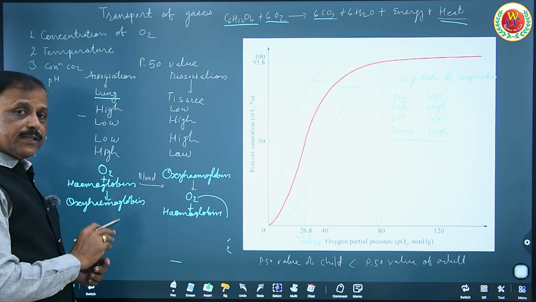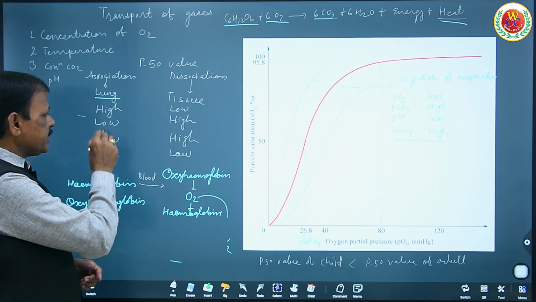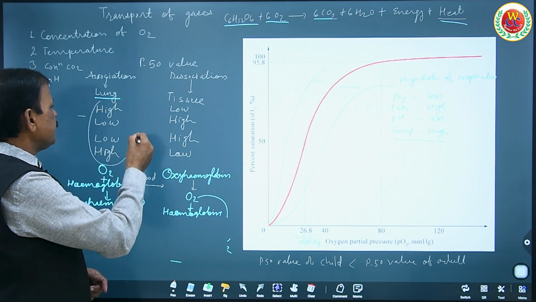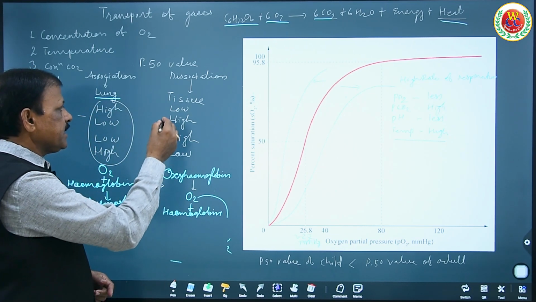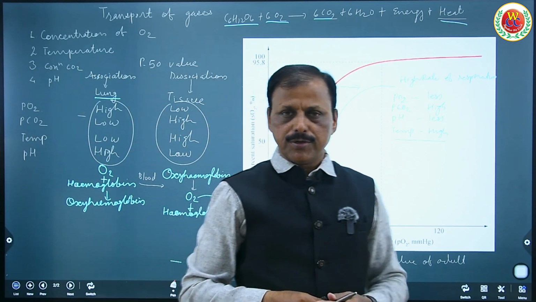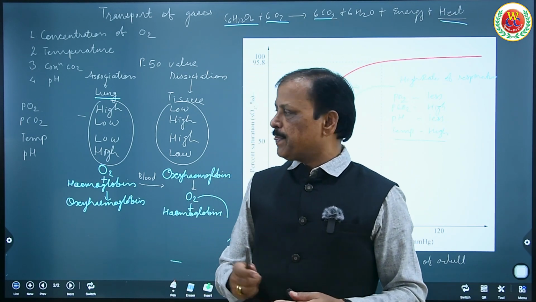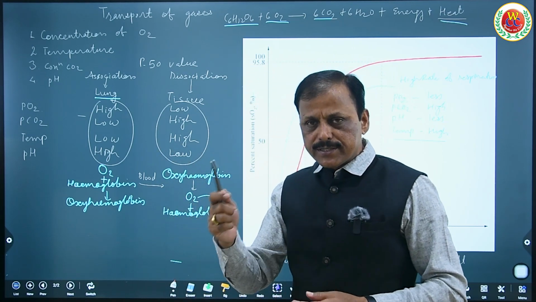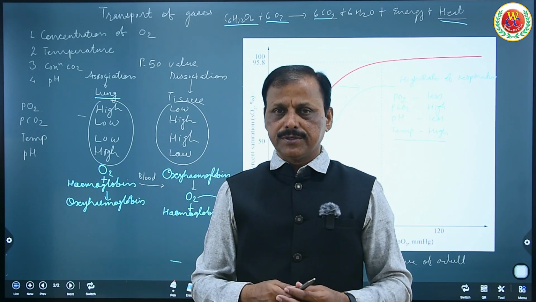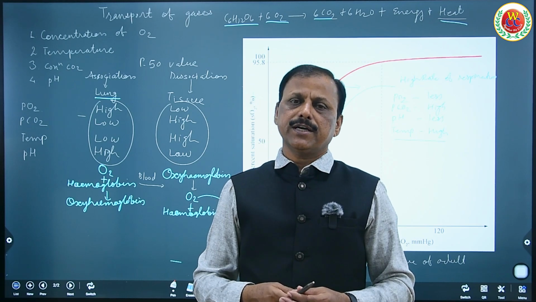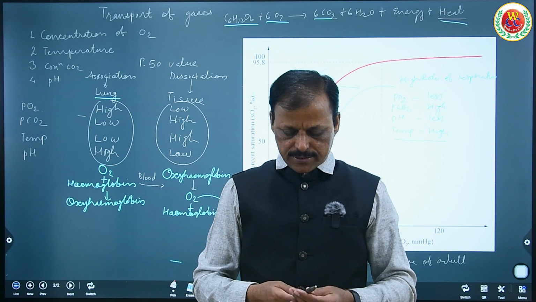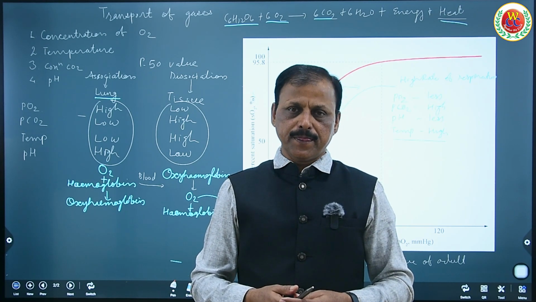For the 3 other options to be wrong, they will change one of these. So you have to keep in mind which conditions are present at the site of lungs and which at the site of tissue, so the question can be solved. As part of conceptual study, this knowledge will help you understand and solve NEET questions based on oxygen transport and the partial pressure of oxygen that enables association and dissociation at the site of lungs and tissue respectively.